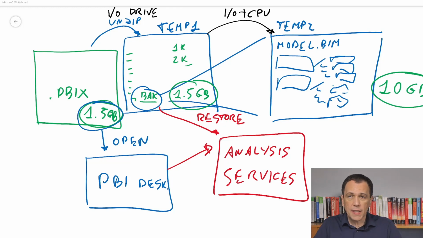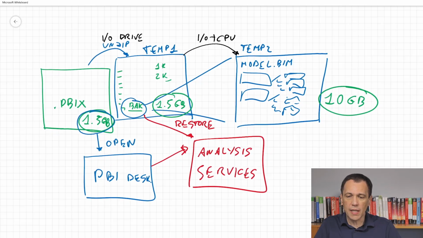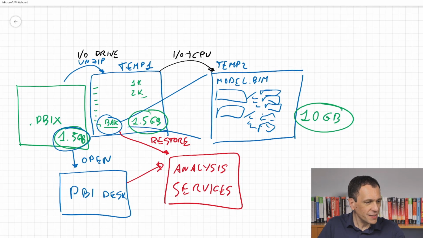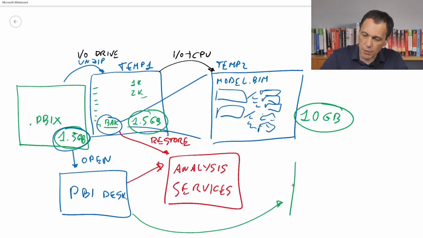So let me move my window to the top so I have more space. What happened at this point is that Power BI Desktop created the window with the report.